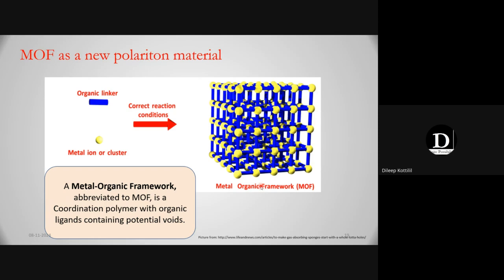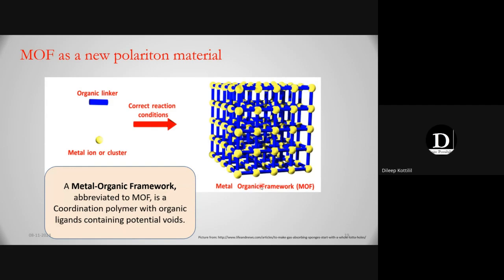In chemistry, people use MOFs for gas storage, gas absorption, catalysis, and some nonlinear optics. So for physicists, MOFs are not of that much interest. But when we worked in our lab, we found that we can also have sustained exciton polaritons in such structures. So basically, what is a MOF?